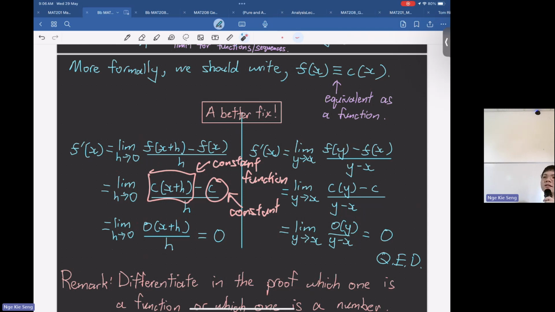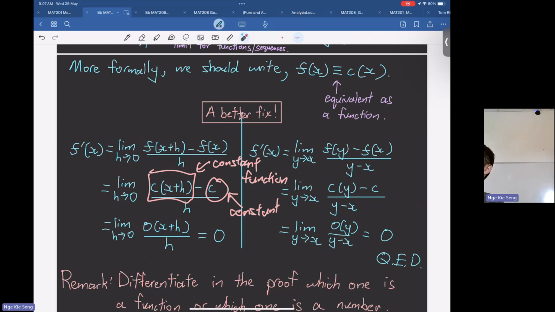If you change h, still 0. Why? Because this is a constant function c. What does constant function c do? You give it any point, the function gives you c. So at every point you get c minus c. What function gives you 0 at every point? Zero function. So it is equal to the 0 function.